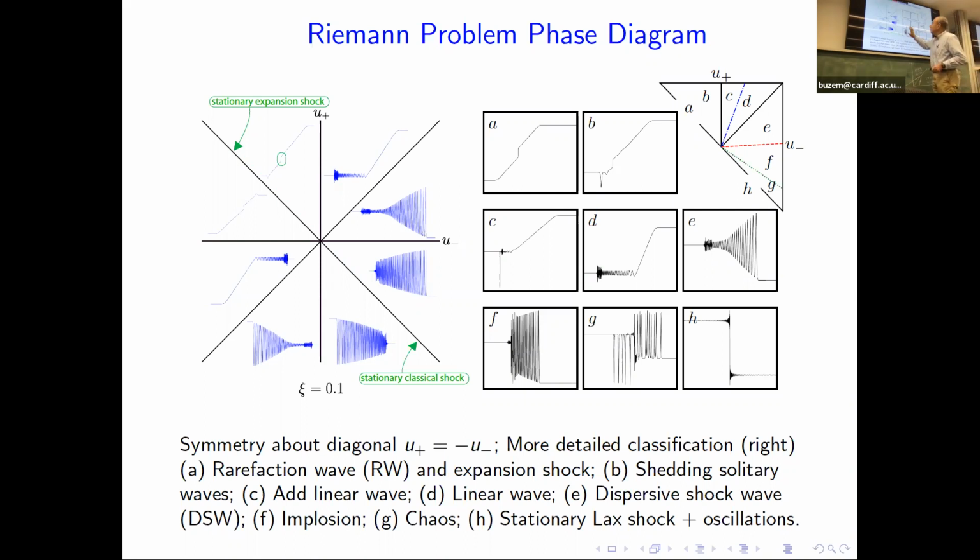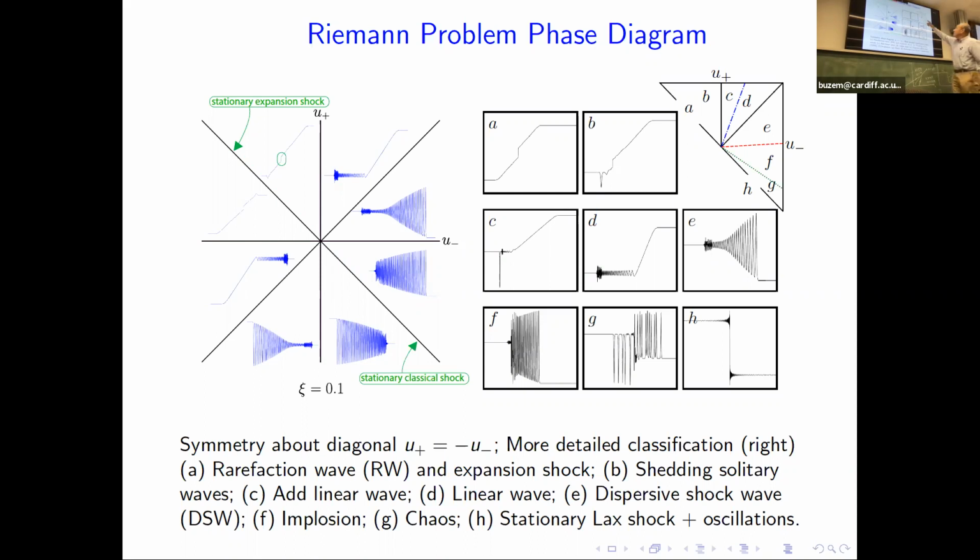First of all, this upper part of the plane, with U plus bigger than U minus, and U plus plus U minus positive, is shown up here, where I've labeled the various sectors because the solutions change as you move between sectors.